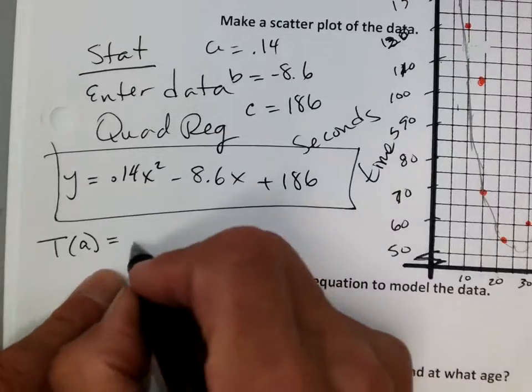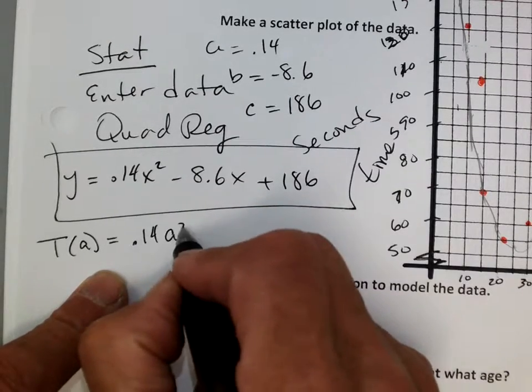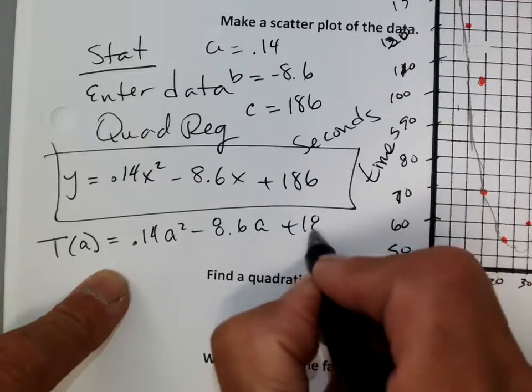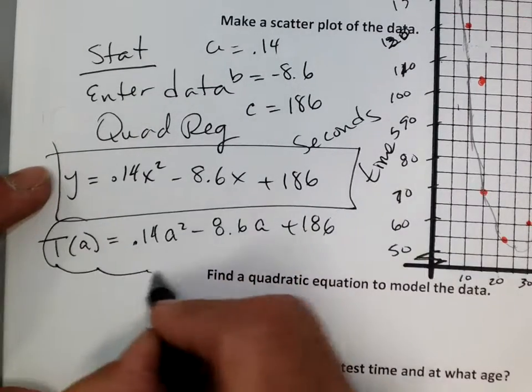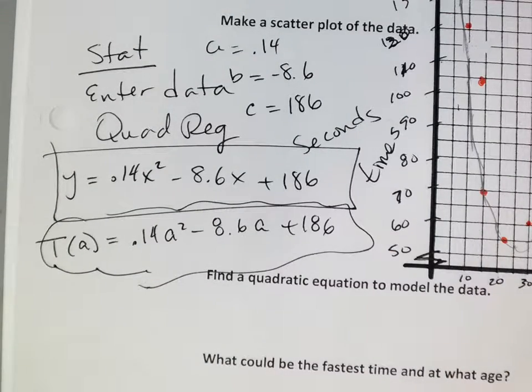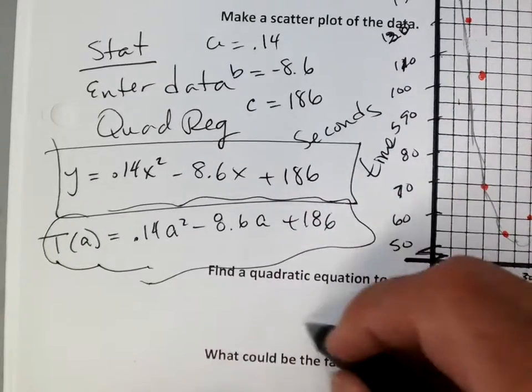I could change it to 0.14a squared minus 8.6a plus 186. I like that better, because it means something, age and time, right? So, there's my quadratic model.